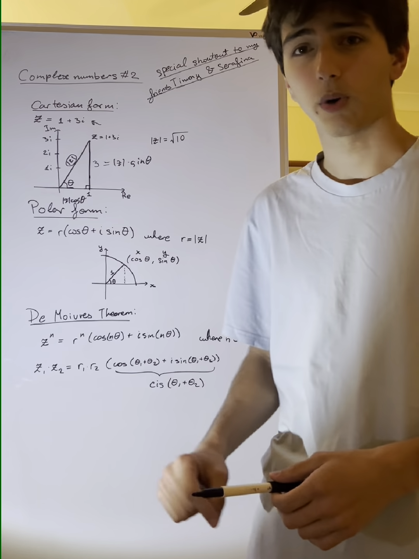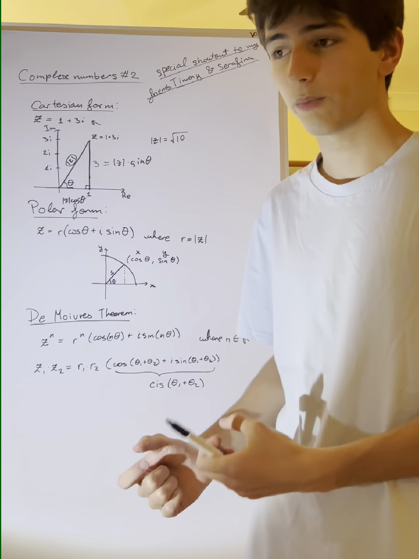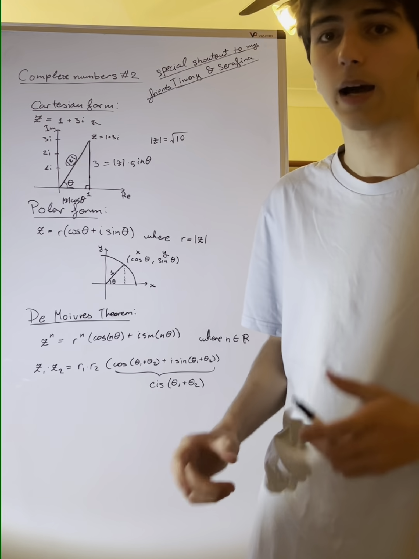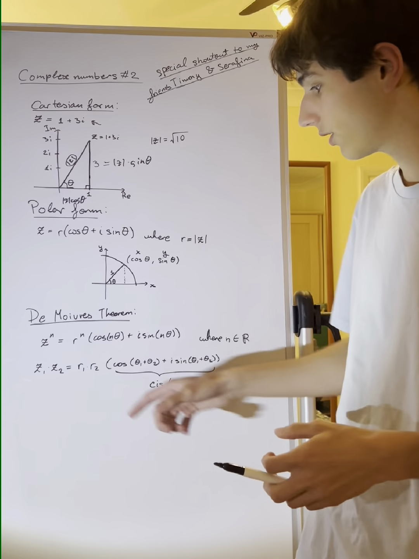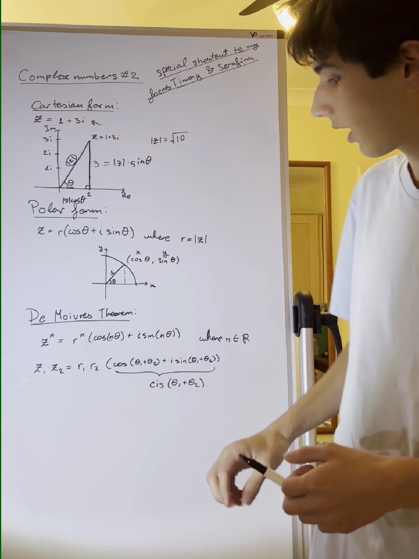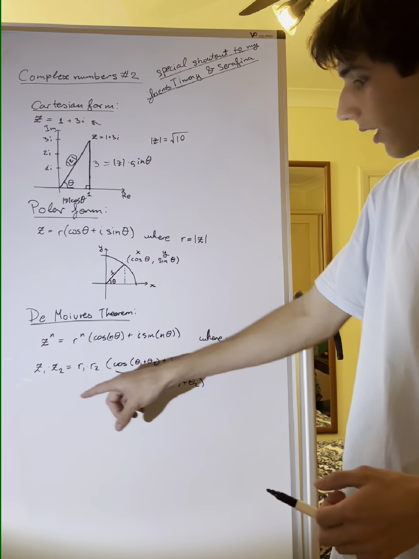And similarly, if you want to multiply two complex numbers, then you can multiply the moduluses of each one, and then add up the angles and represent it like this.